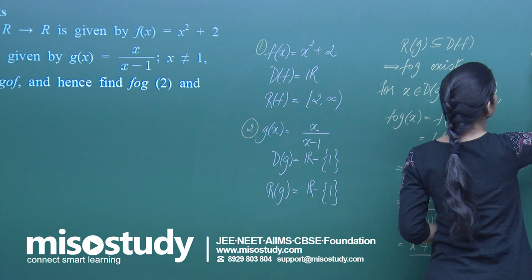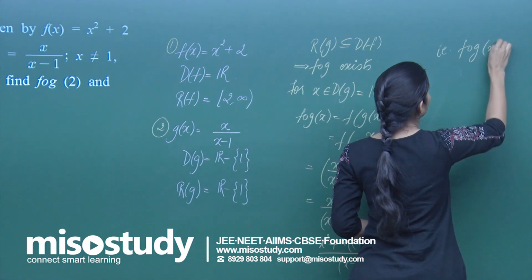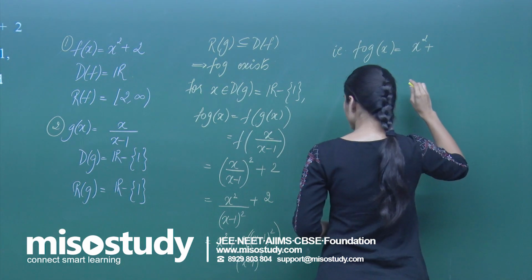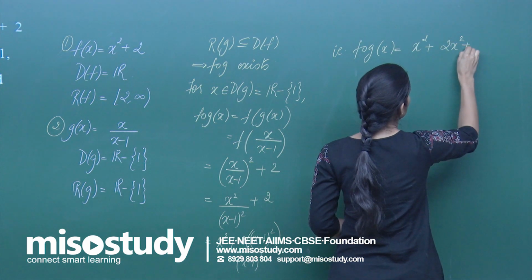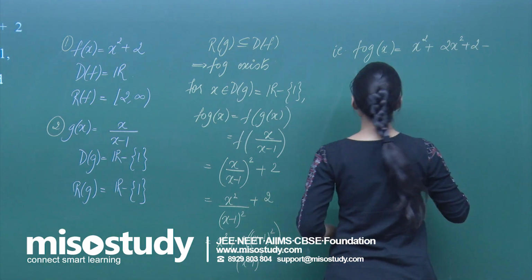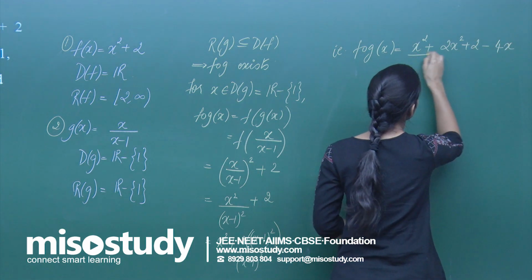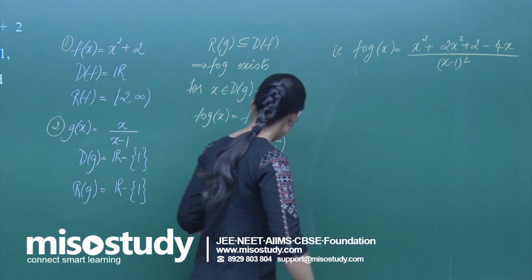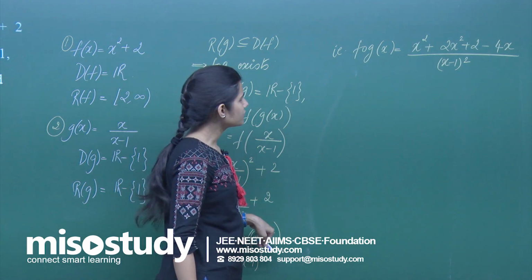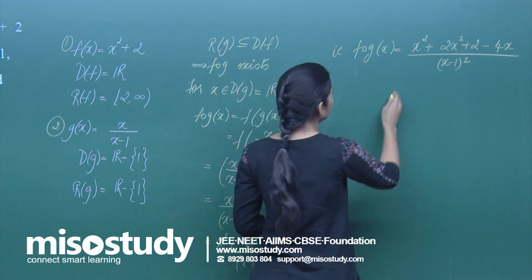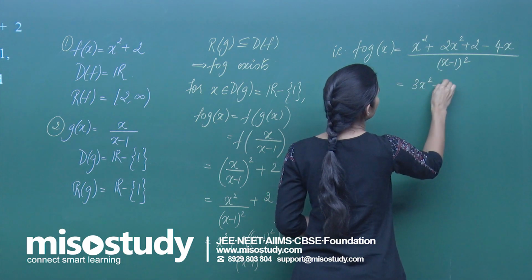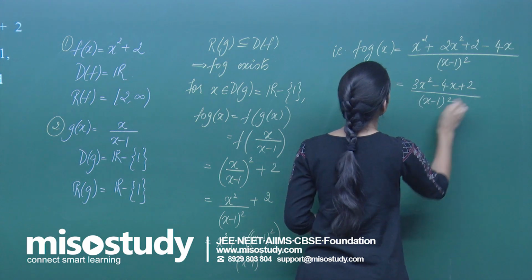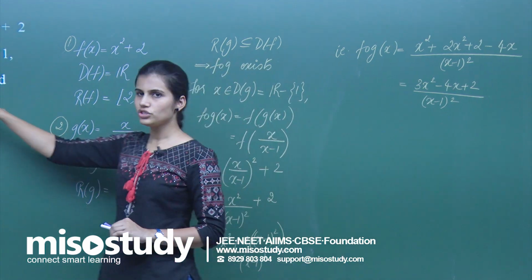That is, this comes out to be x square plus 2x square plus 2 minus 4x, whole upon (x minus 1) whole square. This is x square plus 1 minus 2x. So you have (3x square minus 4x plus 2) whole upon (x minus 1) whole square, and you are supposed to find FOG of 2.